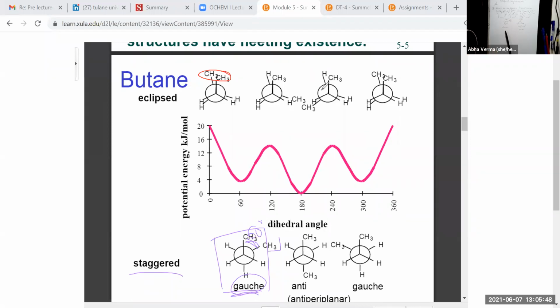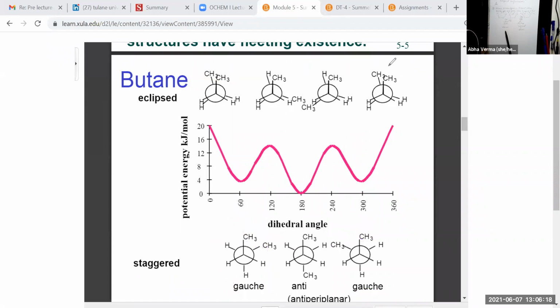So this methyl group is on the side of this methyl or this bulky group. So whenever we say staggered gauche, we mean that the bulkiest groups from the back carbon and the front carbon are at a 60-degree dihedral angle.